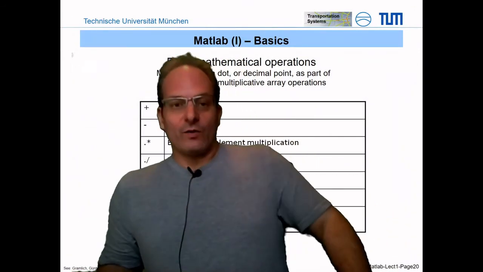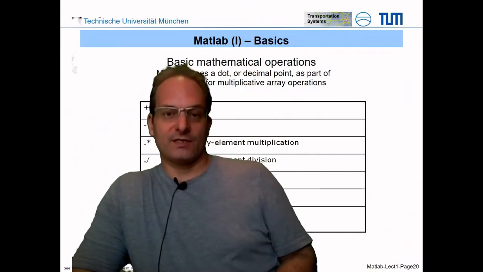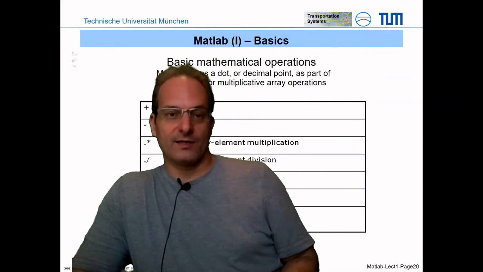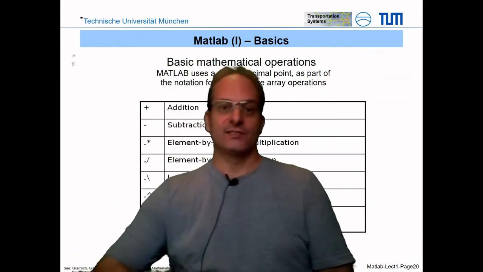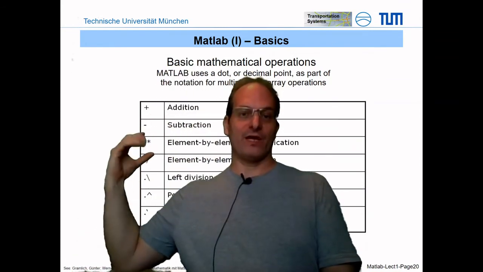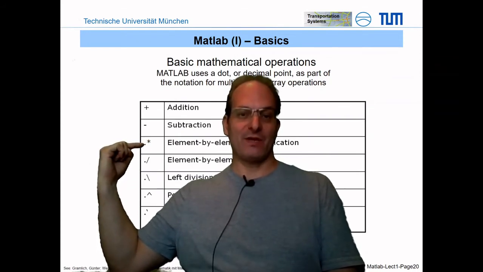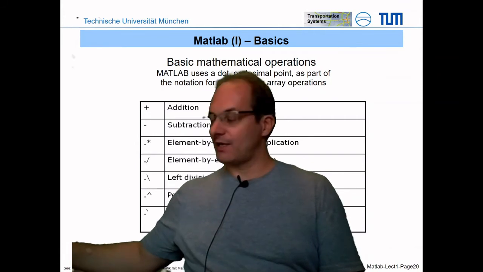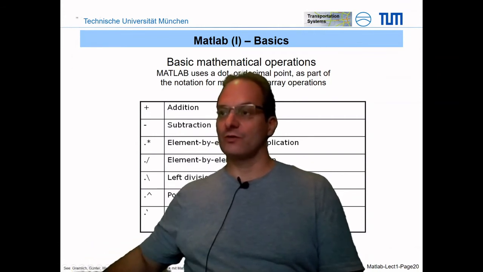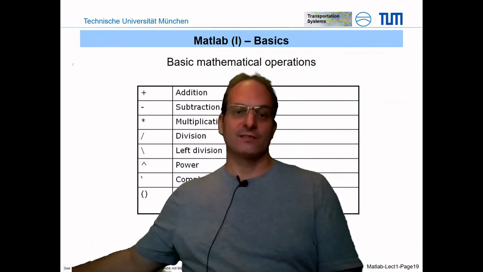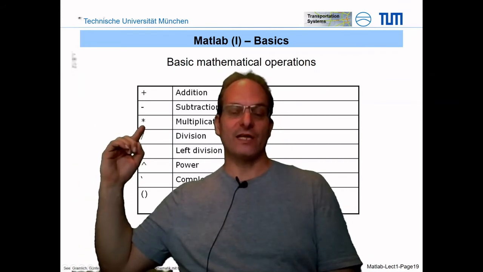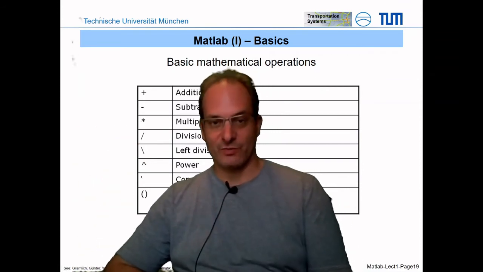So you now know the difference between the multiplications. For example, if we go to this multiplication dot, this is an element by element multiplication. If we go to the previous slide, this multiplication here is the matrix multiplication.